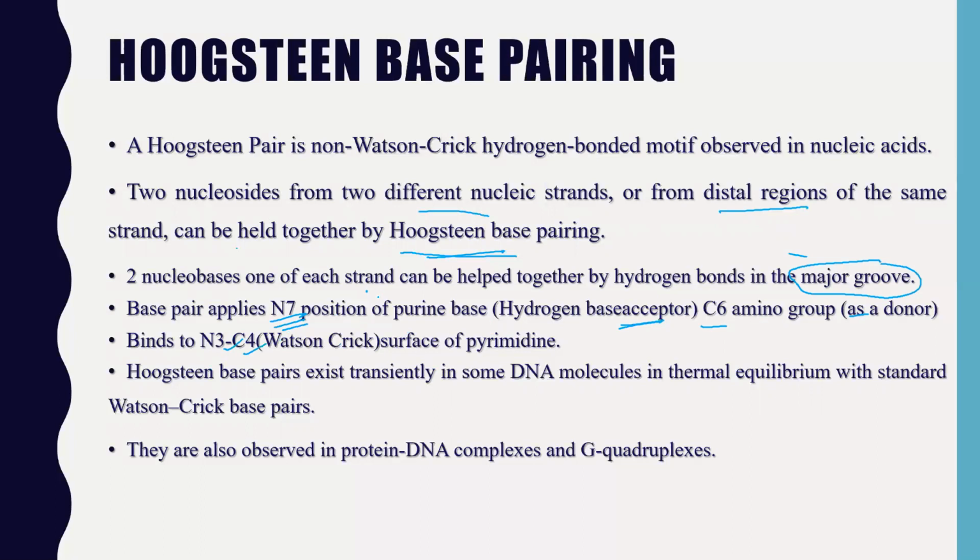I will be explaining it using the structure so it will be more clear. The Hoogsteen base pair exists transiently in some DNA molecules, in thermal equilibrium with the standard Watson-Crick base pair. They are also observed in protein-DNA complexes and in DNA quadruplexes.